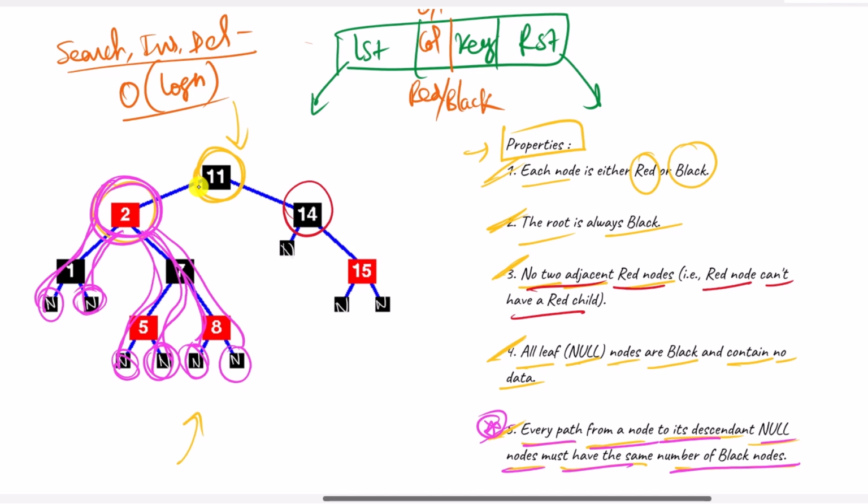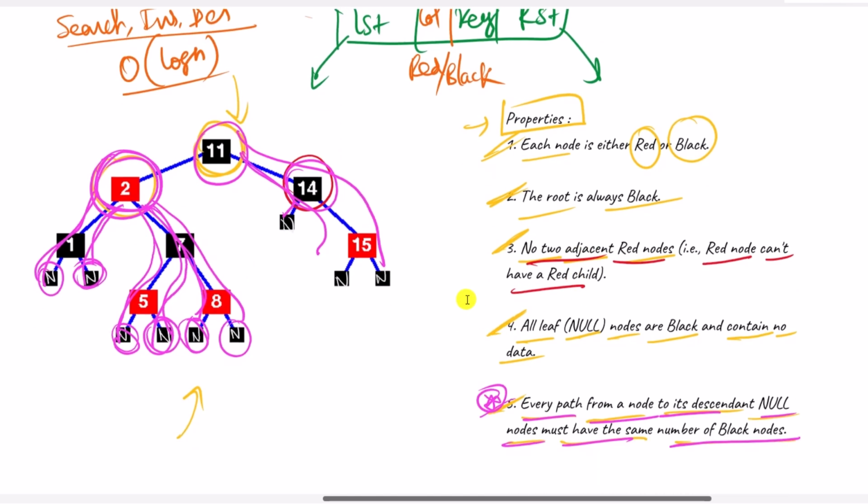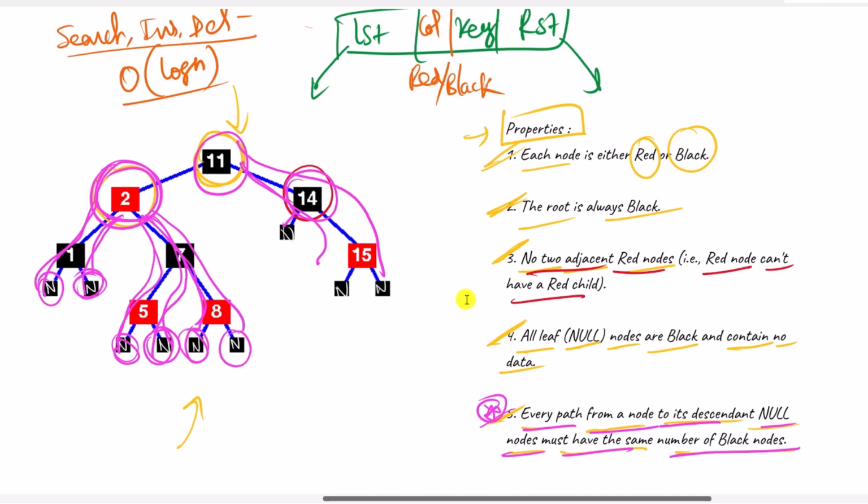Suppose you are taking this node, no matter what path we take to reach this leaf node, we're going to have the same count of black nodes. So these are all the properties of the red-black tree.